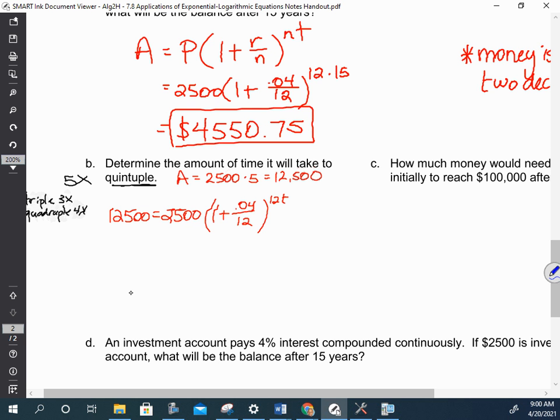All right. So the first thing we're going to do is clean this up a little bit. We're going to work that part out first. We can put that in the calculator and take care of that. So 1 plus 0.04 divided by 12 is 1.003.